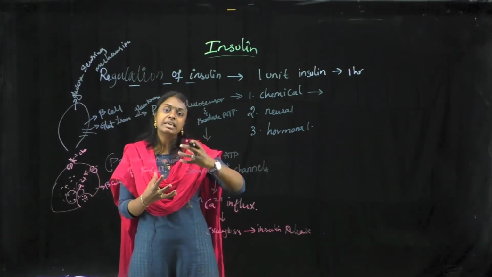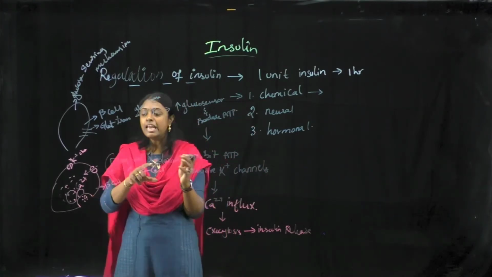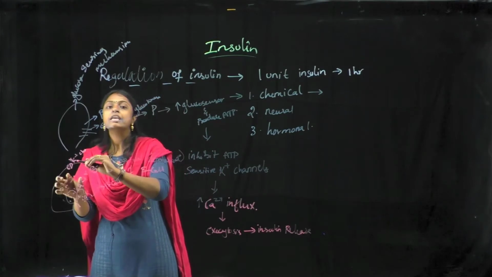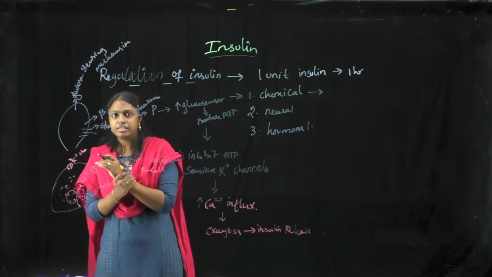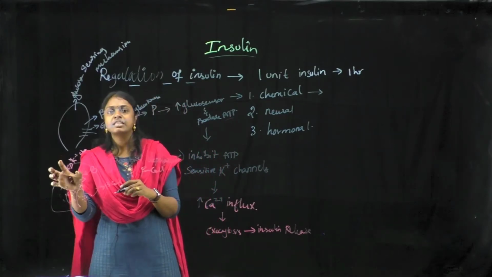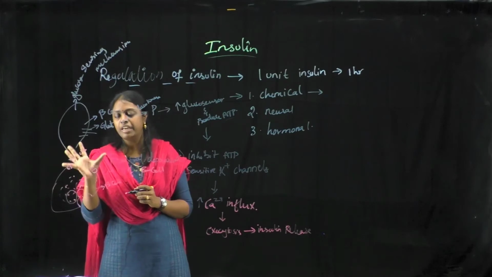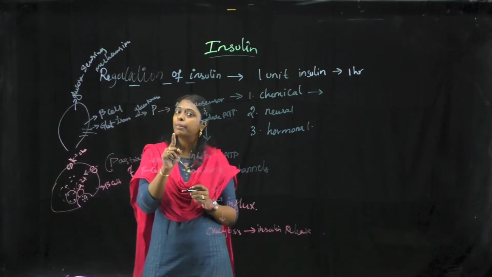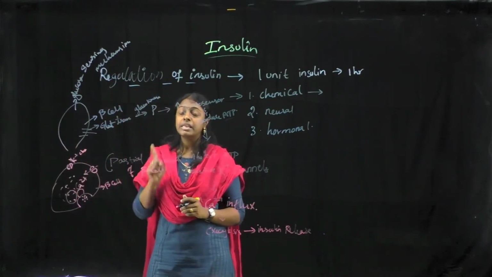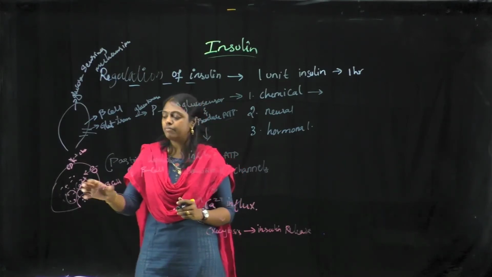When the production of ATP increases, it will inhibit the ATP-sensitive potassium channels. When these get inhibited, this will activate the calcium channels, and the influx of calcium will increase.